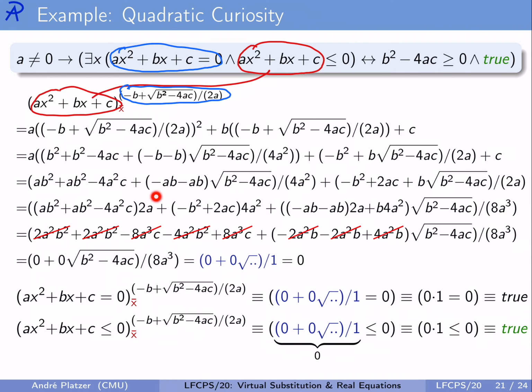And this side we multiply with 2a, and that side we multiply with 4a squared, which gives us this ab squared multiplied with the 2a we get from here to give it the same denominator, this multiplied with the 4a squared that we need here, and then the cross terms, which end up 2a from here and 4a squared from there. Now we've got a lot of polynomial arithmetic, but we can just evaluate and cancel things out.